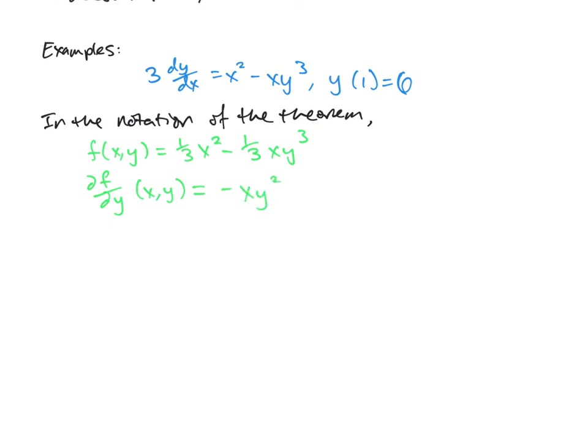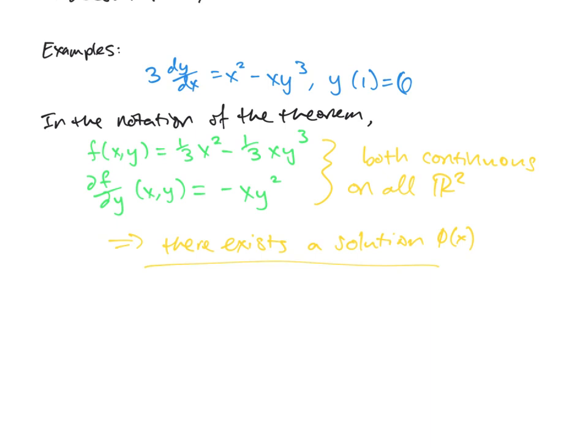Remember, when you take partial derivatives with respect to y, you hold x constant. So this is great. These are both continuous on all of R squared. And thus the theorem implies that there exists a solution, phi of x.